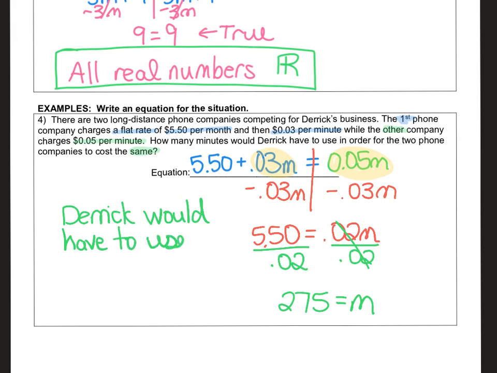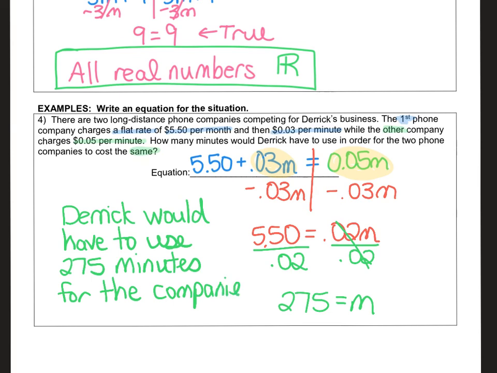You can, of course, word that however you want in a complete sentence, but as long as it's telling us what it means. So Derek would have to use 275 minutes for the companies to be equal. And that is our answer.